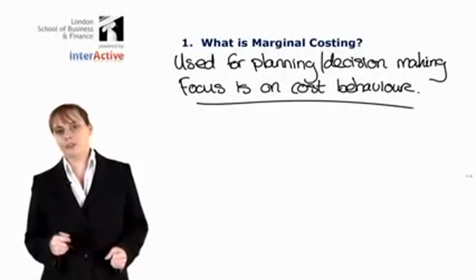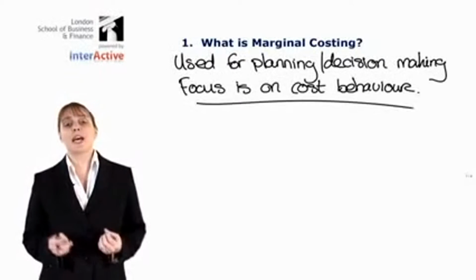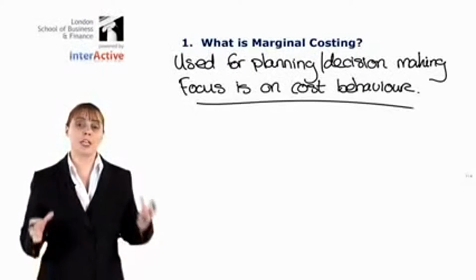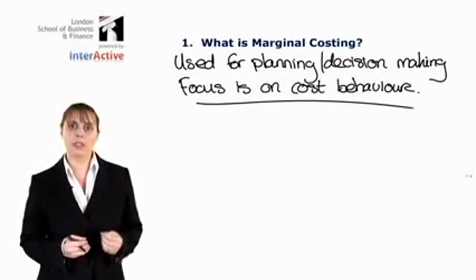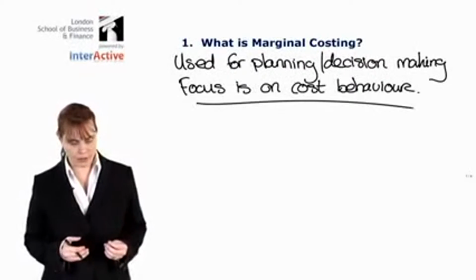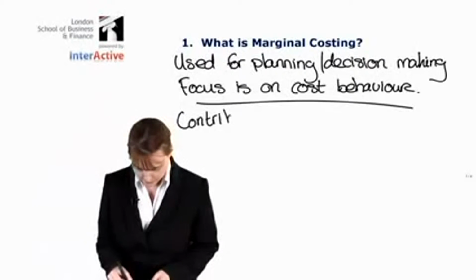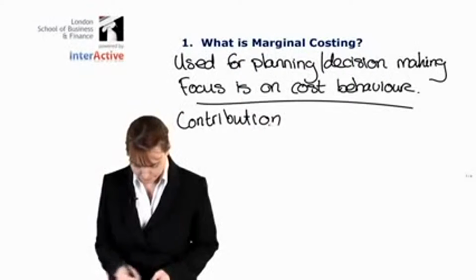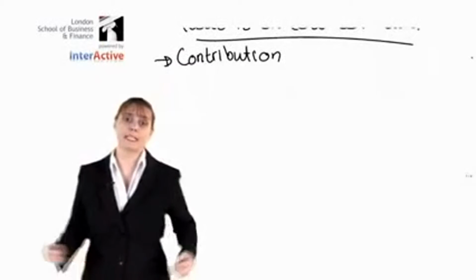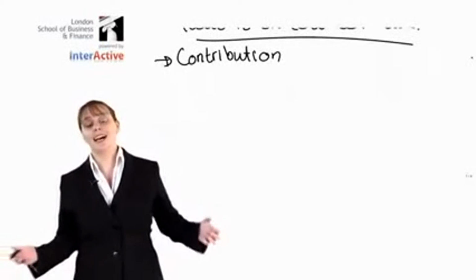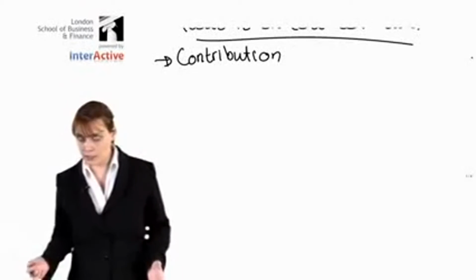Now, before we go any further into this section, we need to introduce a key concept in relation to marginal costing, and that is something called contribution. Now, contribution, quite simply, is calculated as sales revenue minus total variable costs.